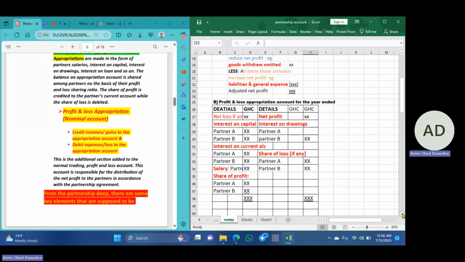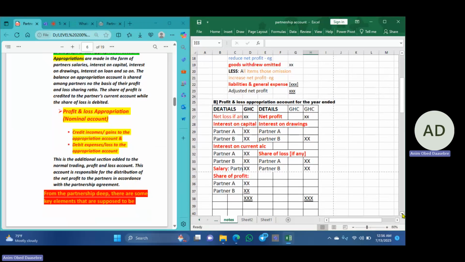So anything that will increase the net profit will be credited, and anything that will decrease the net profit will be debited, right?